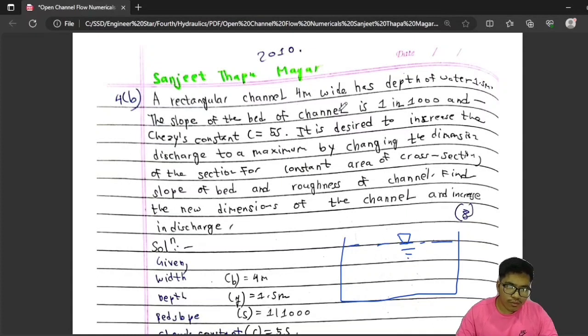A rectangular channel 4 meter wide, width is 4 meter and has depth 1.5 meter. Depth is the depth of water. Y is 1.5 meter. B is 4, Y is 1.5.